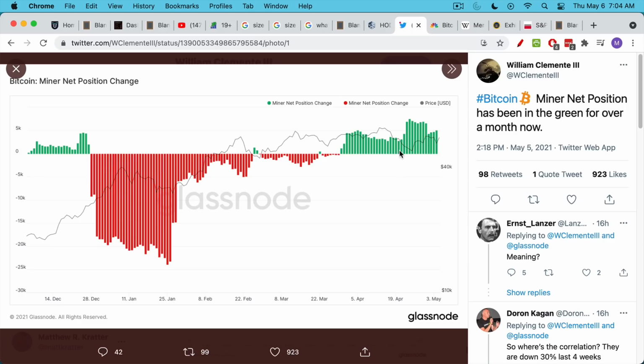We can see here that the green bars show that the miner net position is positive and that Bitcoin miners have been hodling. That being said, of course, Bitcoin miners can change their mind. They can start selling their Bitcoin. In that case, you would need new funds to flow into Bitcoin.